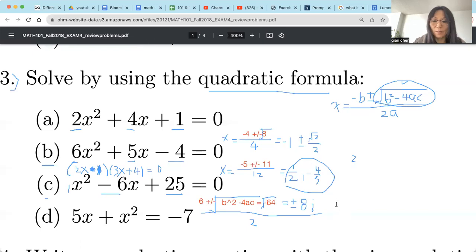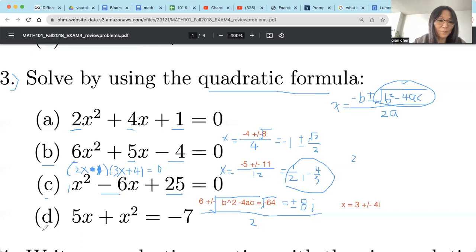What do we get? x equals 6 divided by 2, that's 3, the real part, plus or minus 8i divided by 2, which is 4i. So we have two complex solutions. One is 3 plus 4i, one is 3 minus 4i.